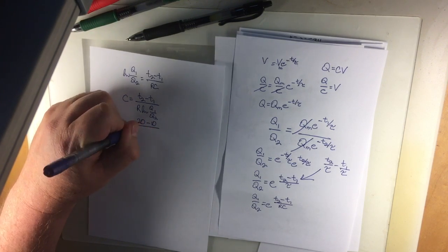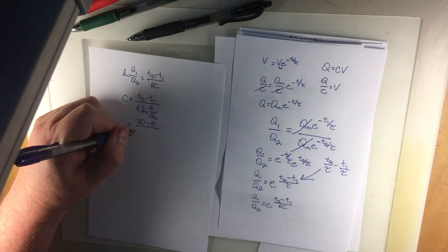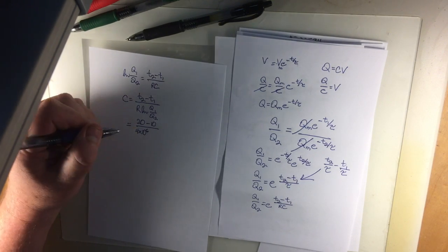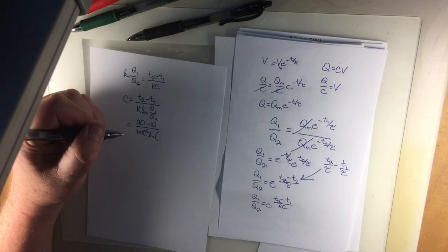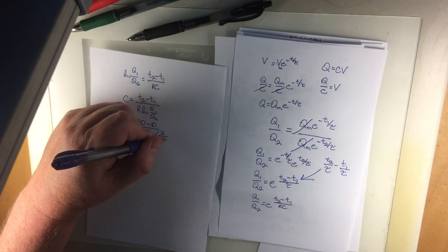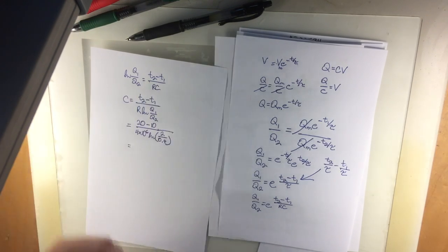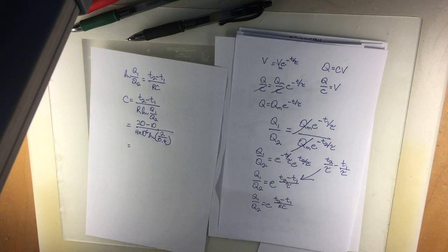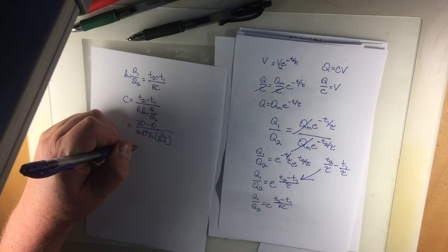T1 is 10. R is 4 times 10 to the 6th, natural log of 2 divided by 0.4. And that gives me 1.55 microfarads.